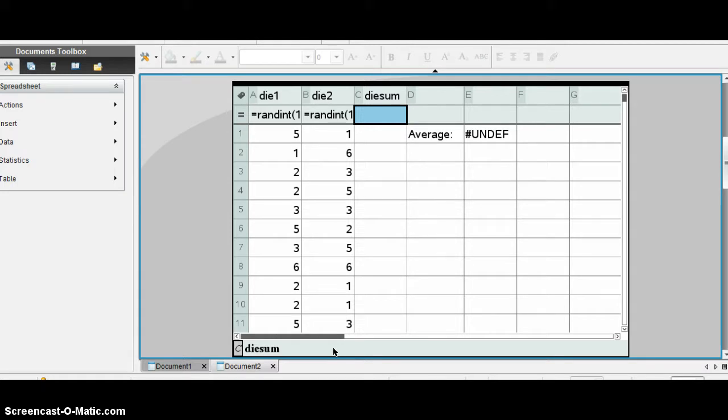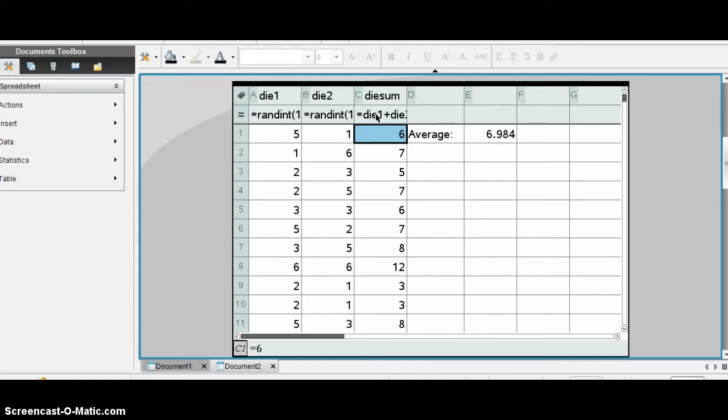So I'm going to add in a formula that adds the first 2 columns. Basically it'll be die 1 plus die 2. And then over here I've got the average, which is a formula that's going to calculate the mean of this third column, the sum of the 2 die. So here we go. I'm going to go equals die 1 plus die 2. So this is finding the sum of 2 dice. Watch the average.